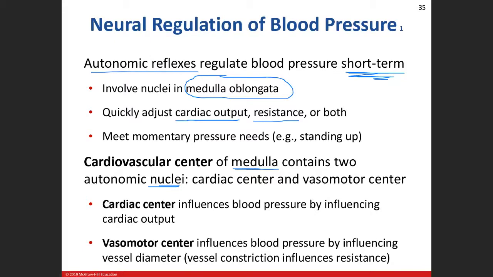A nuclei is a cluster of cell bodies, okay? Cell bodies, okay? A tract are axons, in the central nervous system. In the peripheral nervous system, a cluster of cell bodies, we call it a ganglion. Usually synapses occur there, okay?